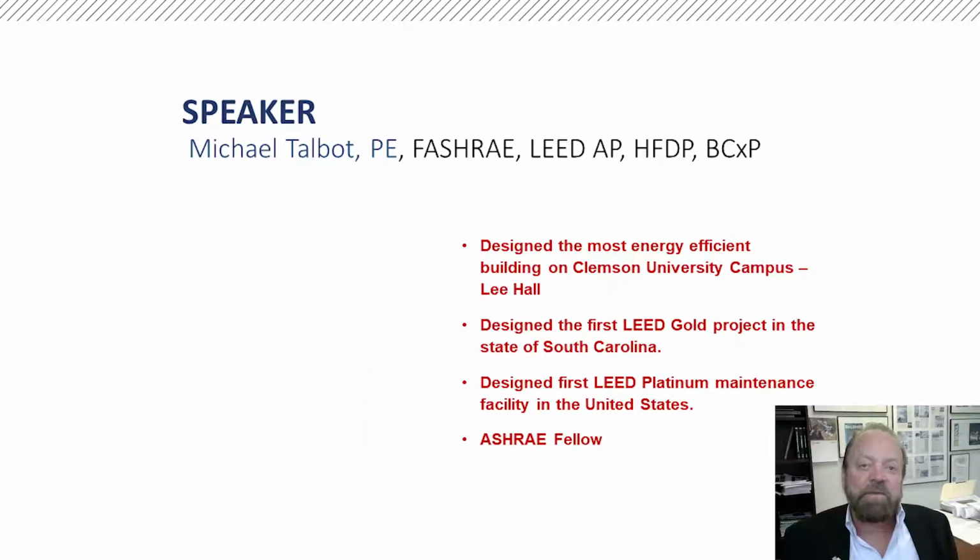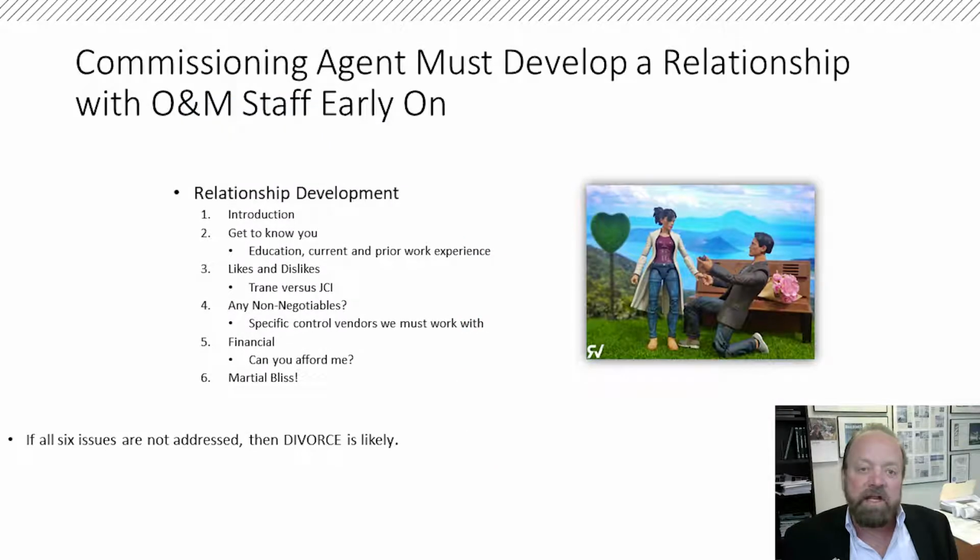In order to develop a successful operation and maintenance program, it is essential to get to know the people who will be operating and maintaining the building. And like with any relationship, you have to get to know the O&M staff early on. What is their education? What is their current and prior work experience? What are their likes and dislikes, for instance, if they like Trane versus JCI?